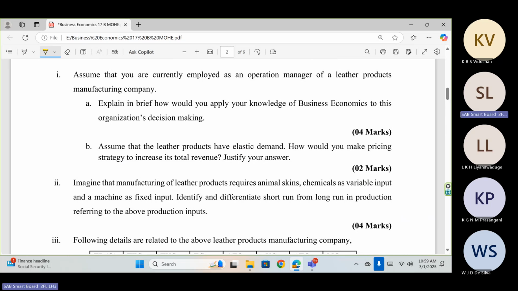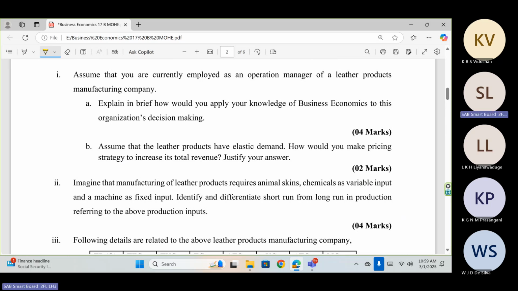The time period where all the inputs become variable is the long run. The time period where both variable and fixed inputs are available is the short run. Regarding this, animal skin and chemicals are variable inputs, both changing whether it is long run or short run. But when it comes to the fixed inputs, machines.